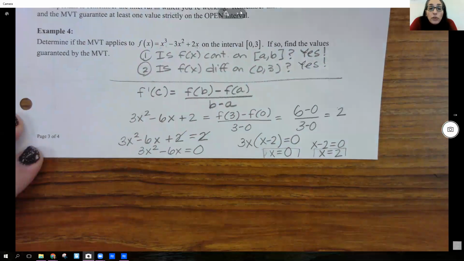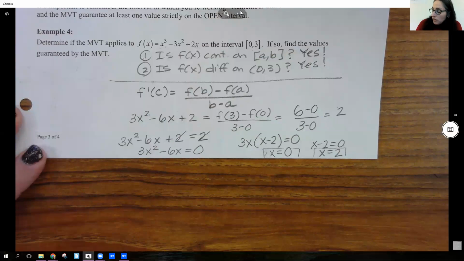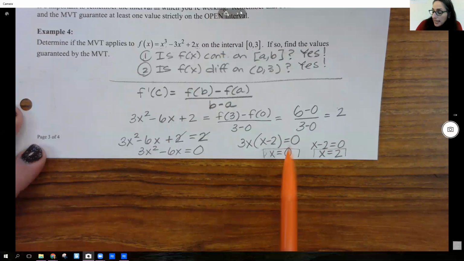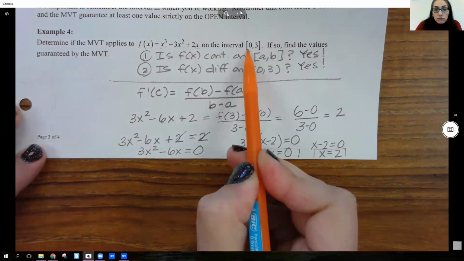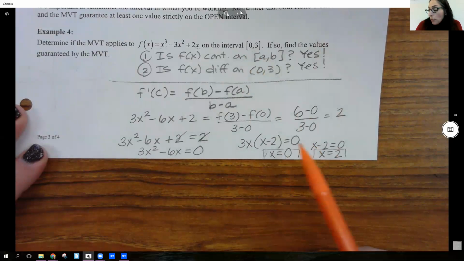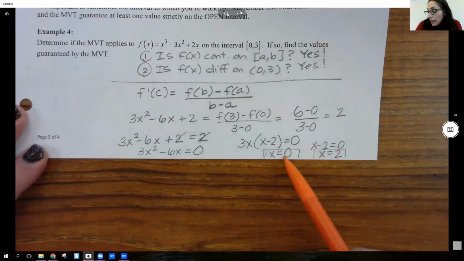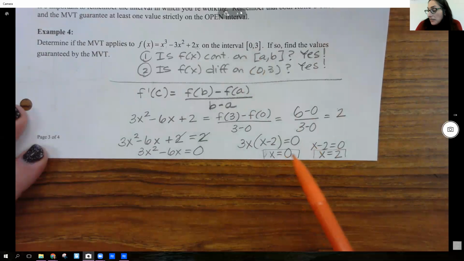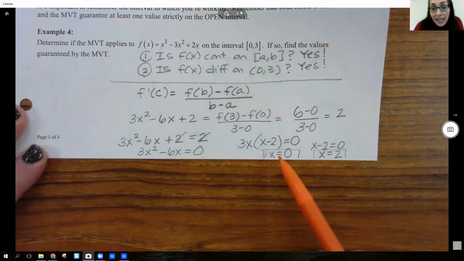Now, both of those answers look pretty good, 0 and 2. But here's the problem with this one. Even though you could argue that 0 is in the closed interval, we can't have 0 as an answer, because you have to remember what these answers represent. These answers represent x values where you would create a tangent line.